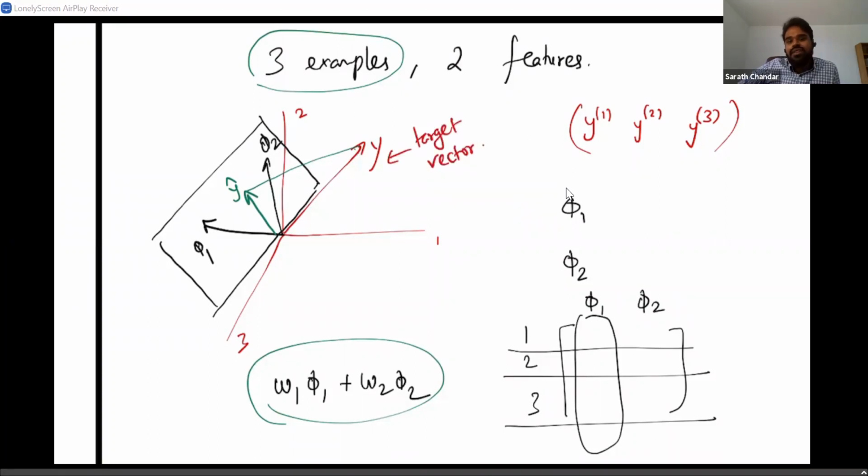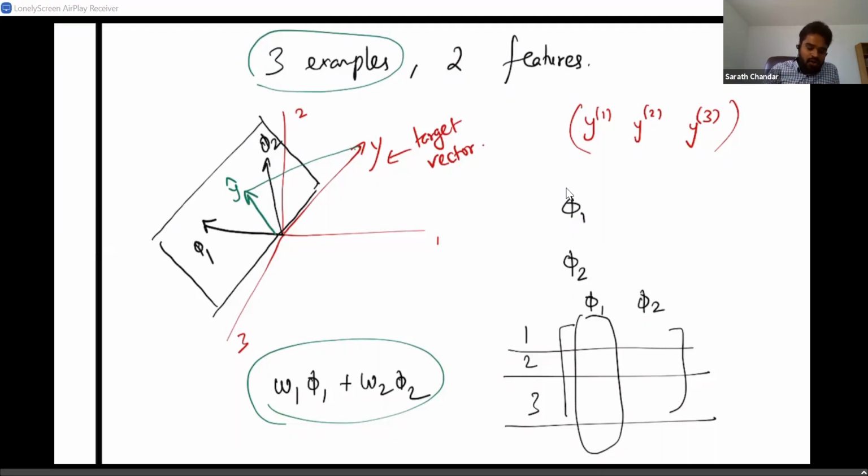In some sense, we want a function which, given x, will map to this target vector. But we are trying to do that using just Phi1 and Phi2. This picture explains that with Phi1 and Phi2, which are only 2 vectors, you can only cover a plane, a 2D subspace of this 3D space.